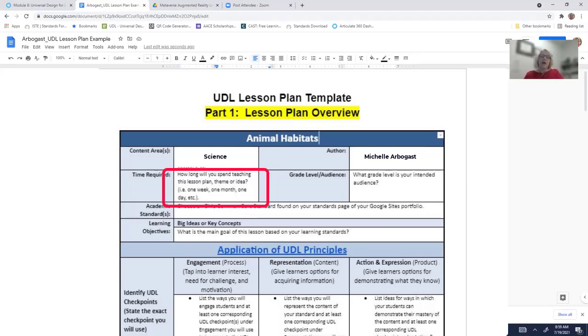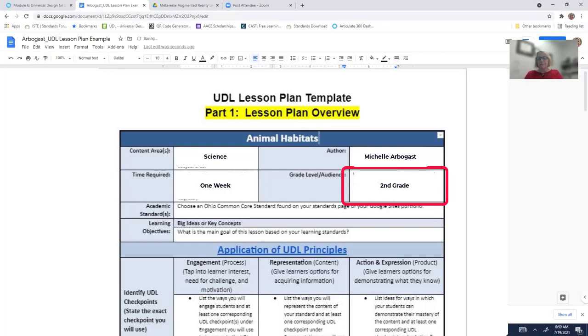Is this something you can tie in with a math lesson, something you tie in with a history lesson? Is this something you're going to work on totally by itself? So for me, I'm just going to say we're going to work on animal habitats for 1 week. So again, it's up to you. The grade level or audience, for me, it's going to be 2nd grade.